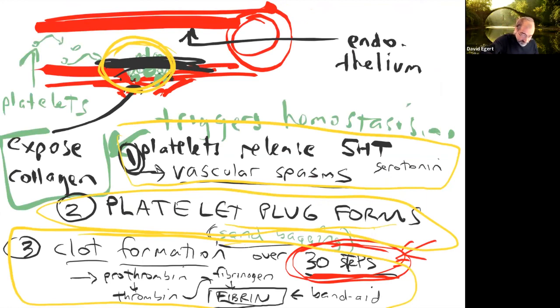And I should mention, it's in your book, so you don't get confused. This is kind of the long way to trigger this whole system. There is another shortcut. There's this thing called tissue factor, which is in the connective tissue. As soon as the blood touches that tissue factor, it will also start clot formation.